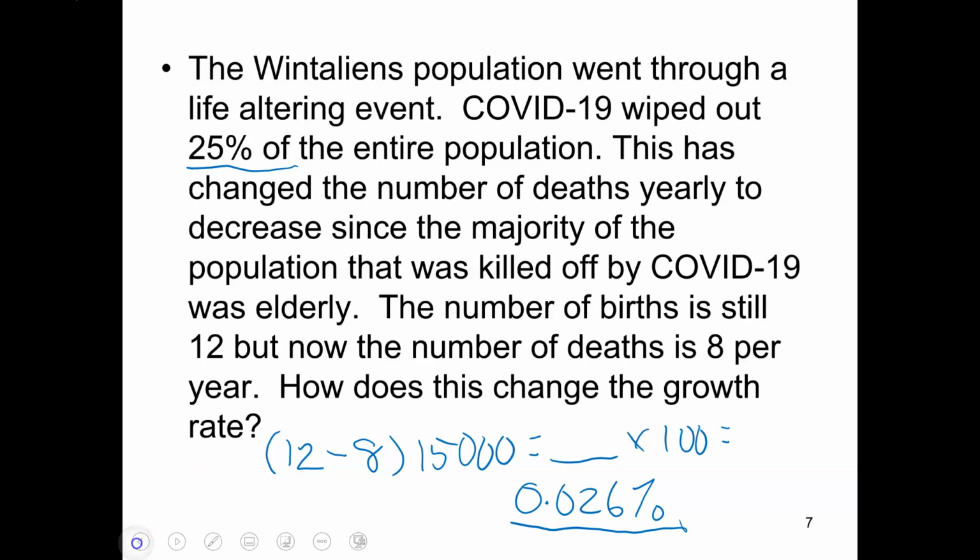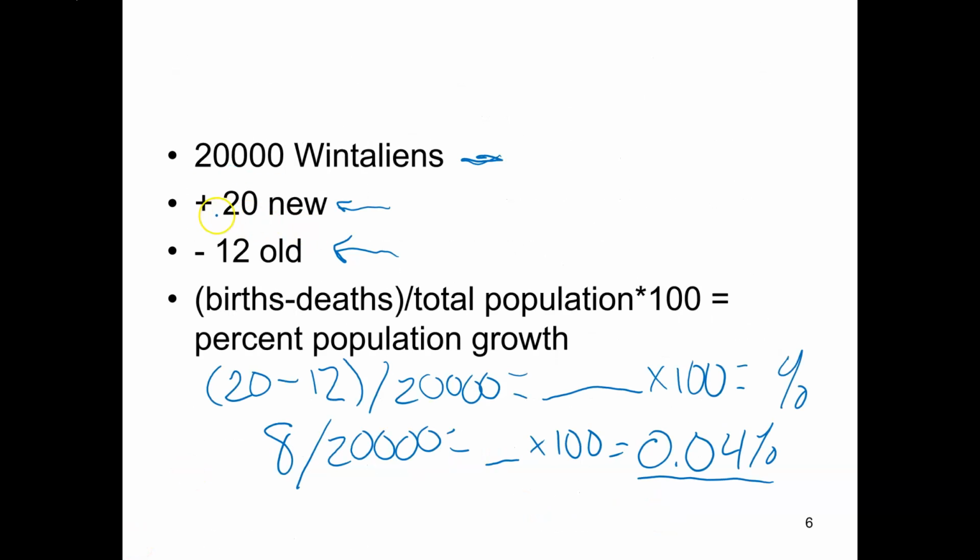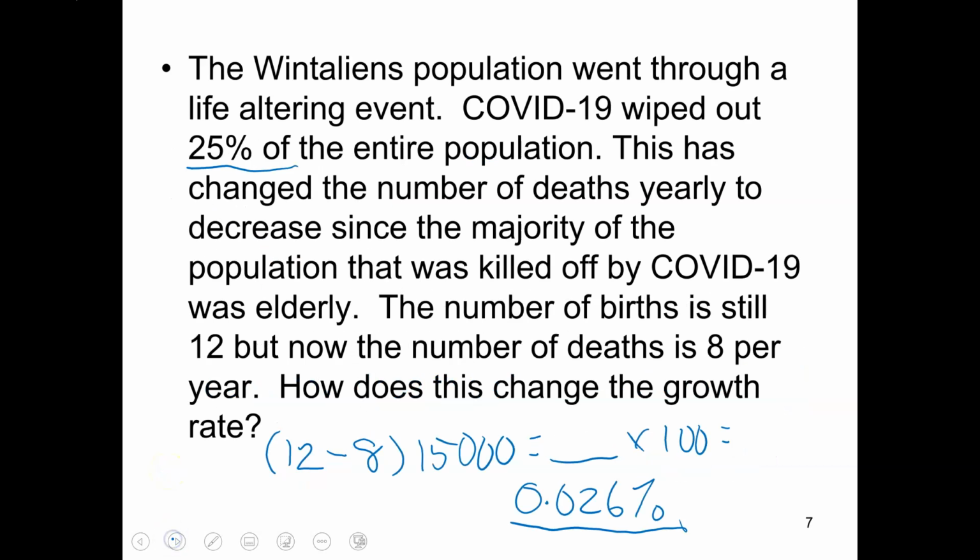Oh, you know what? I changed that number too. Let me go back because I see that I made a mistake. Do you see where I made a mistake right here? The number of births is still 12, but the actual number of births should be 20. So let's change this to 20.